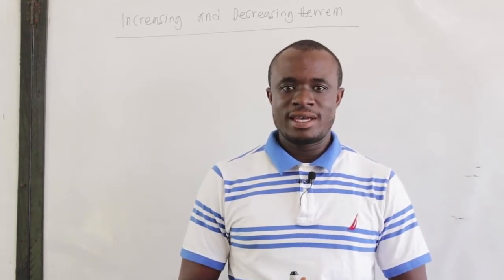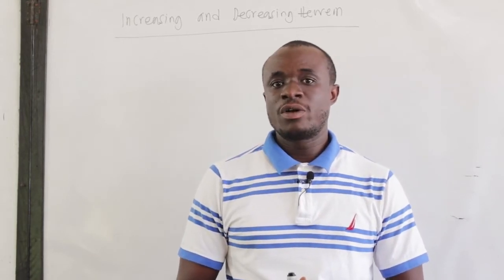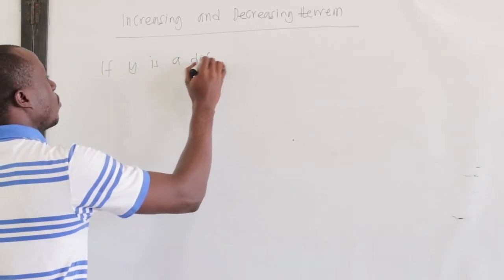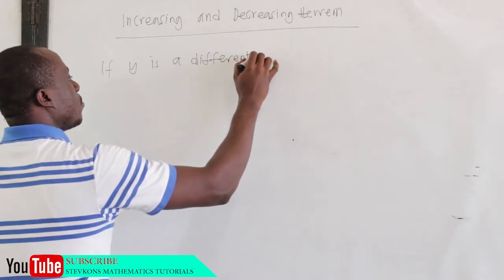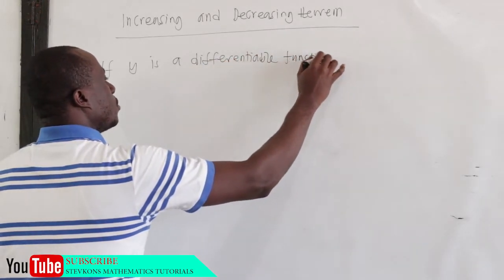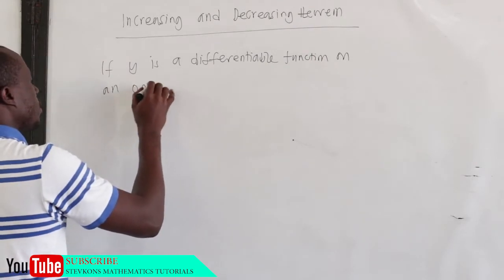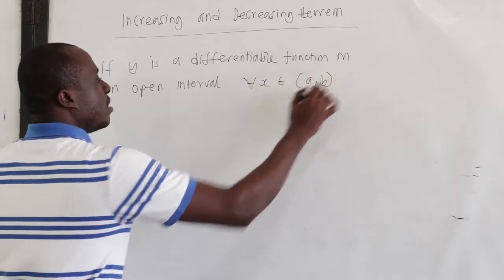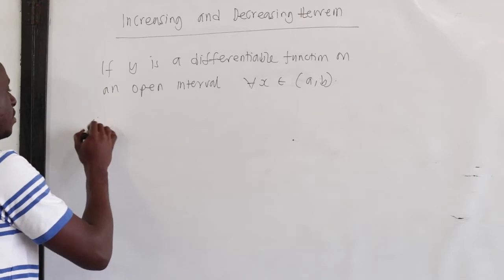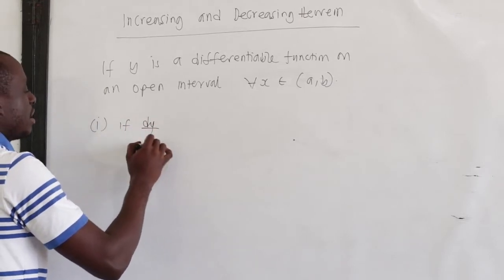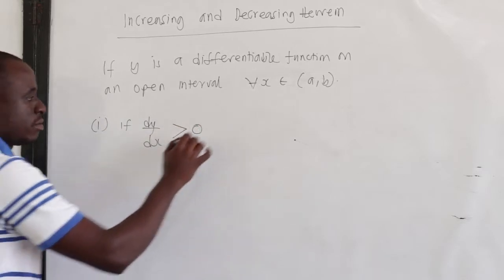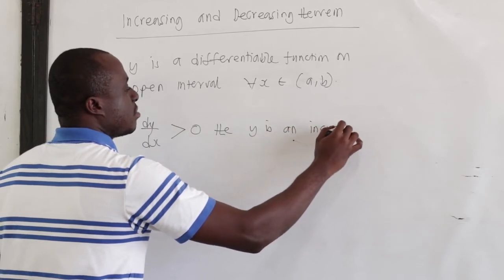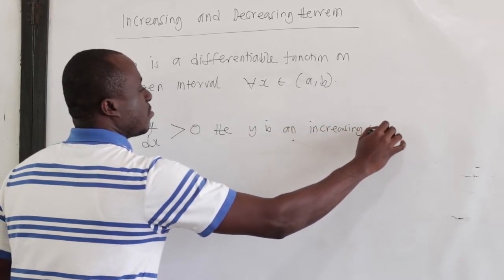If y is a differentiable function on an open interval, that is, for all x a member of the open interval (a, b), then the first one: if dy/dx is greater than 0, then y is an increasing function.